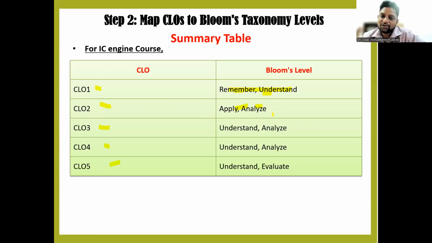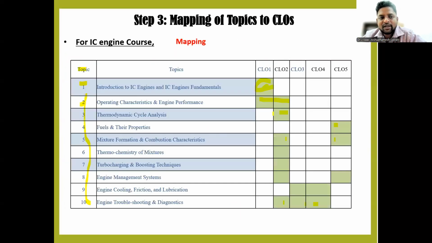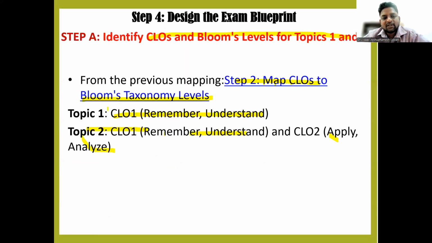So your topics come under a particular learning outcome, and each learning outcome is already leveled with your Bloom's level. So finally these are the context of our examination. These are topic 1 and topic 2. They come under CLO 1 and CLO 2, and we have already written which Bloom's level CLO 1 is.